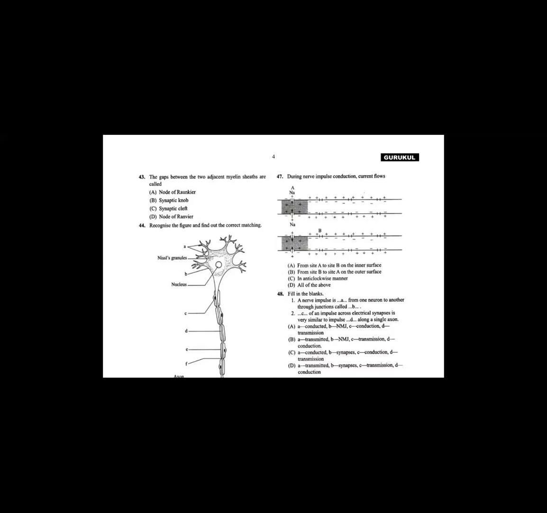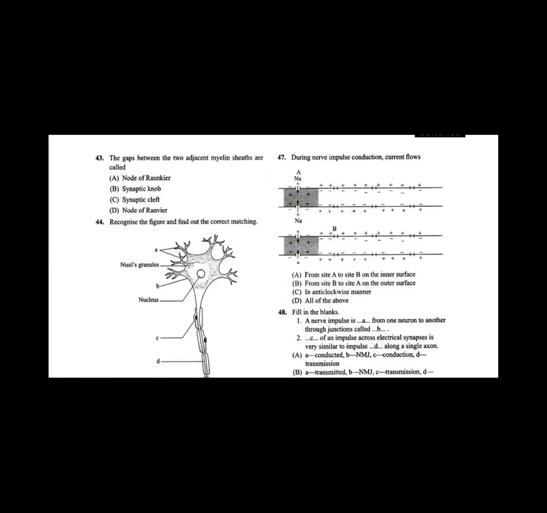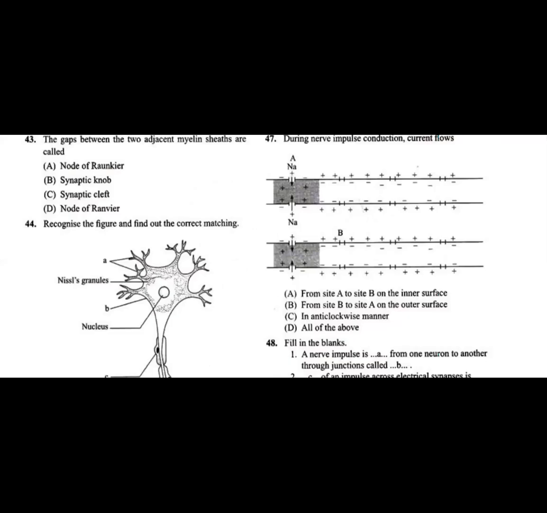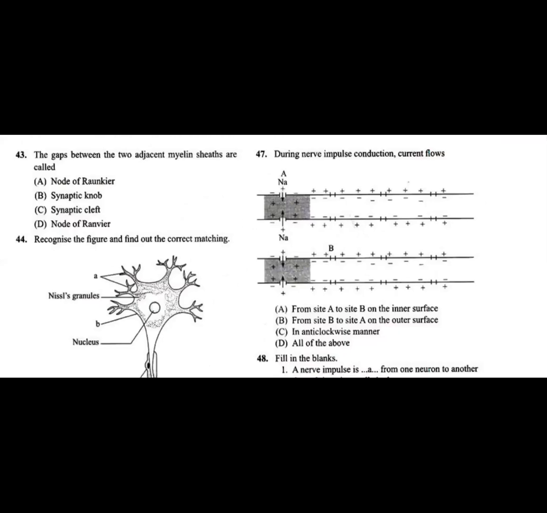From site B to site A on the outer surface, positive is towards B and negative is towards A. The charge will move from positive to negative, so from site B to site A on the outer surface.